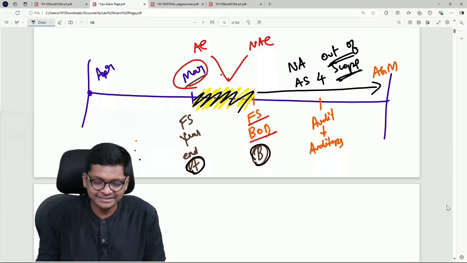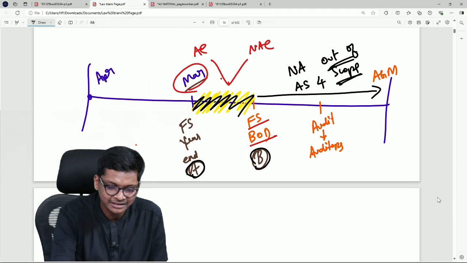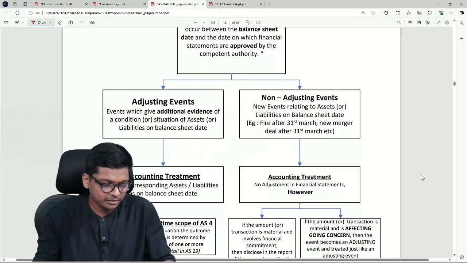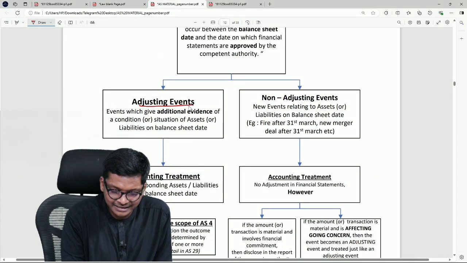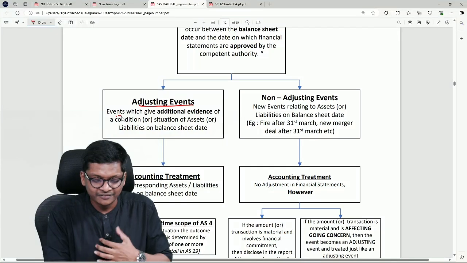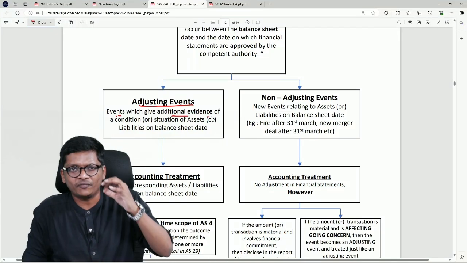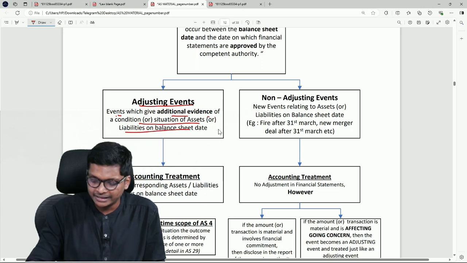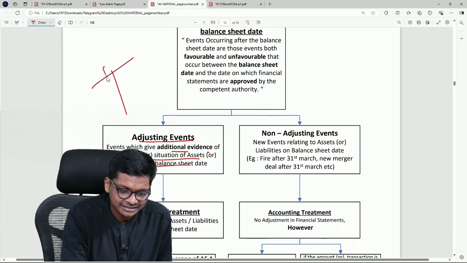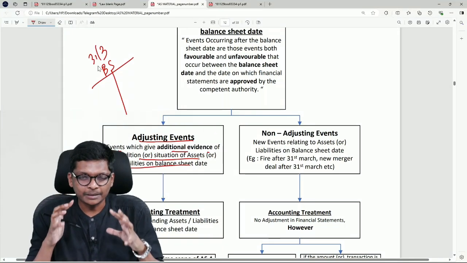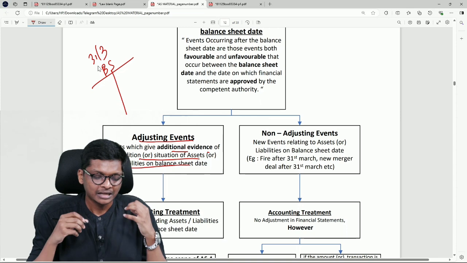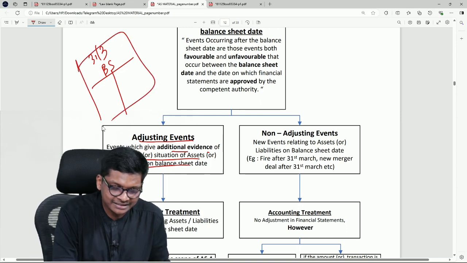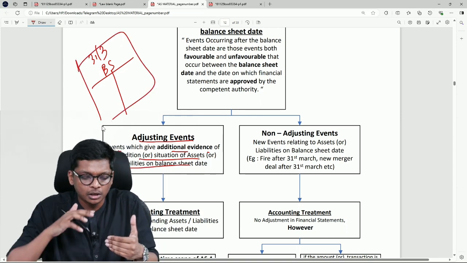How do I categorize something as adjusting or non-adjusting? AS has given a definition, very simple. Adjusting events are events which give additional evidence of a condition or situation that existed on the balance sheet date. Sir, what do you mean by this? Simple, guys: as of 31st March, something already happened.